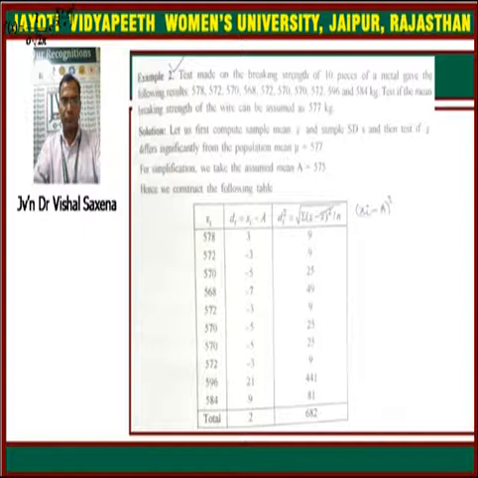Then we find di square, which is equal to xi minus a whole square. In this way we have prepared this table, and the summation di is 2, and the summation di square is 682.